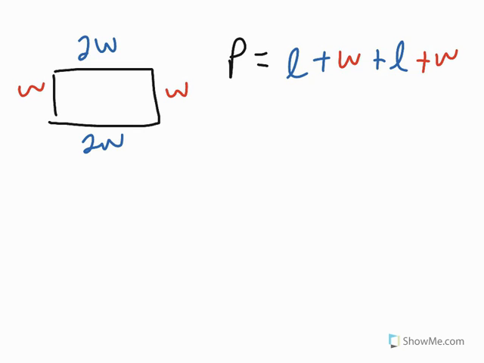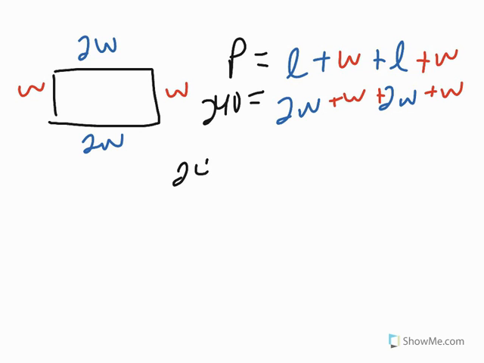So when we plug in our lengths and our widths, we know that the lengths are 2 W's, the widths are just W, and the perimeter in this scenario is 240. So we just need to solve this equation here.